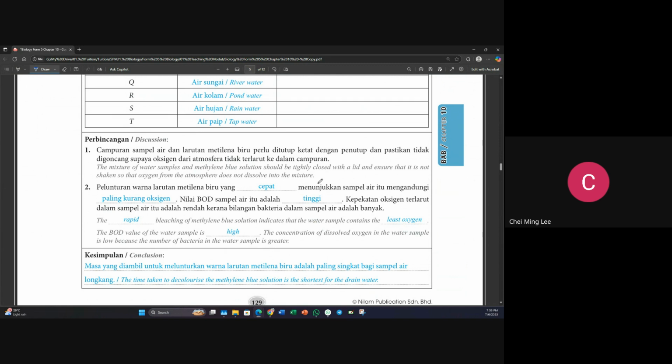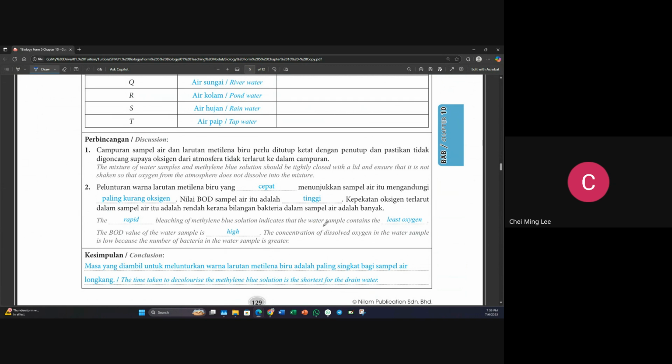I'd say the only precaution is this one: don't shake and close it. The rapid bleaching of methylene blue solution means that the water sample has less oxygen. Less oxygen means the BOD value is very high, and a very high BOD value means it is highly polluted.